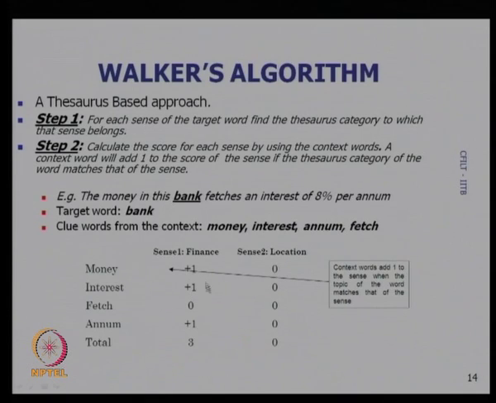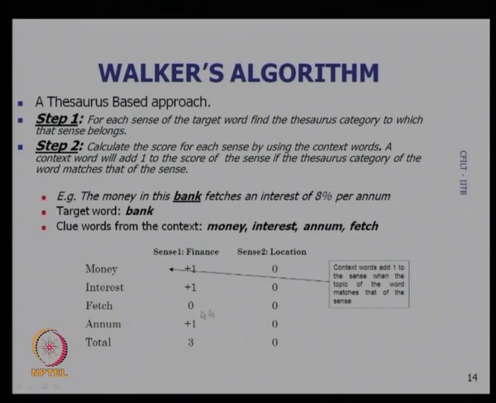So, what is happening here is that the moment we see money, we increment the finance counter by 1, and money has no sense of location. So, nothing gets added to sense 2. Interest similarly has many senses, but one of the senses is in the financial domain, that increments the count by yet one more 1. Nothing gets added to the location sense.